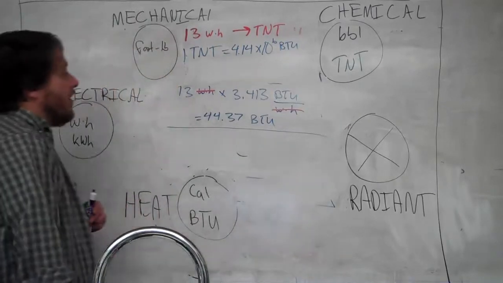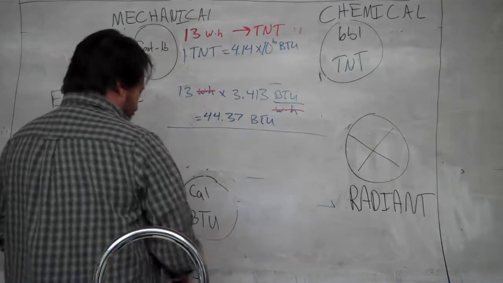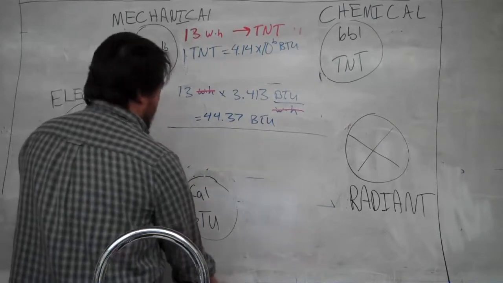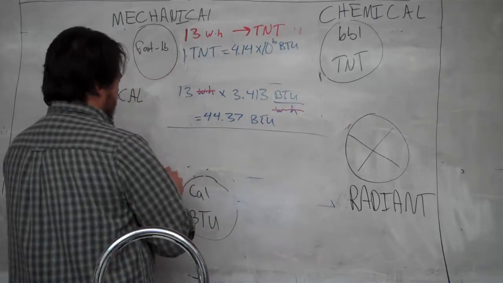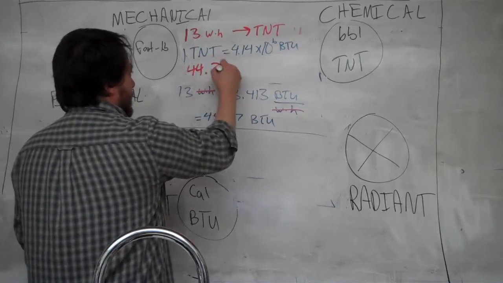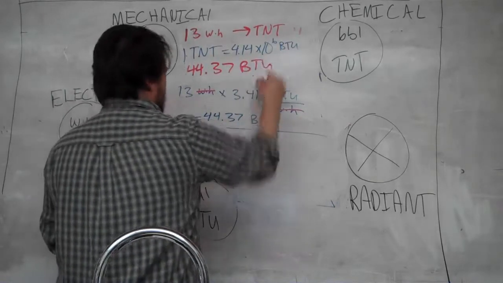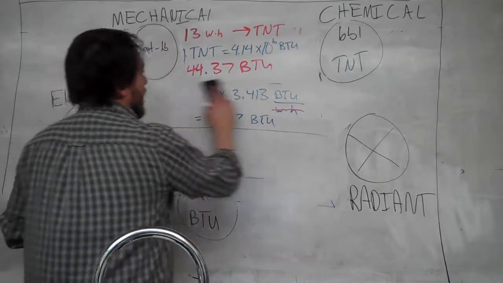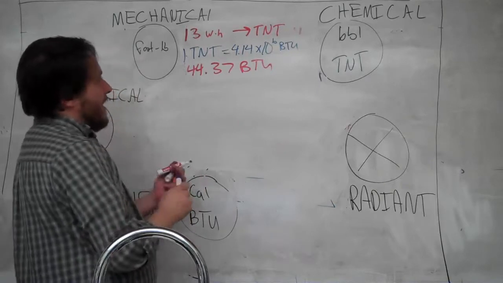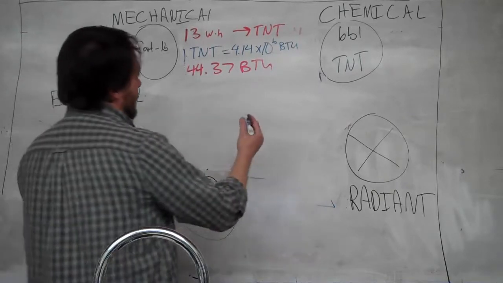Okay, so this is where it gets a little ugly. We have 44.37 BTU. This is where the mathematical reasoning changes a little bit from what we've done.